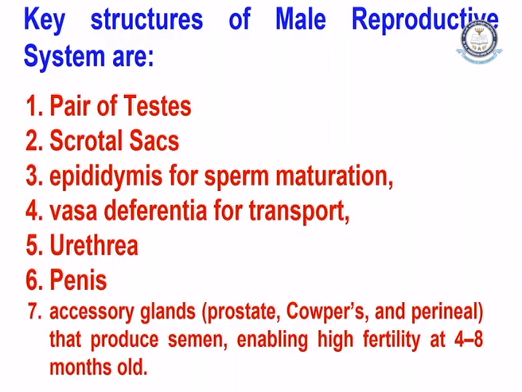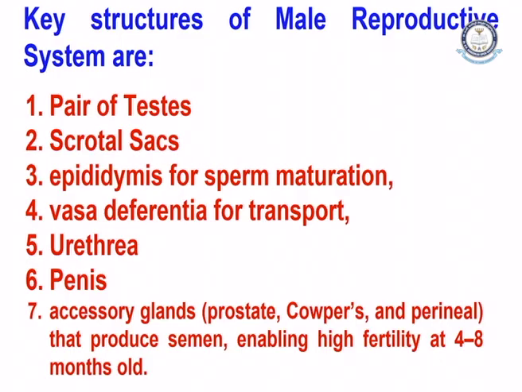Now we have seen the pair of testes and scrotal sacs. We'll be knowing about some more important components of the male reproductive system. The epididymis is another important component, which is meant for the maturation of the sperms.